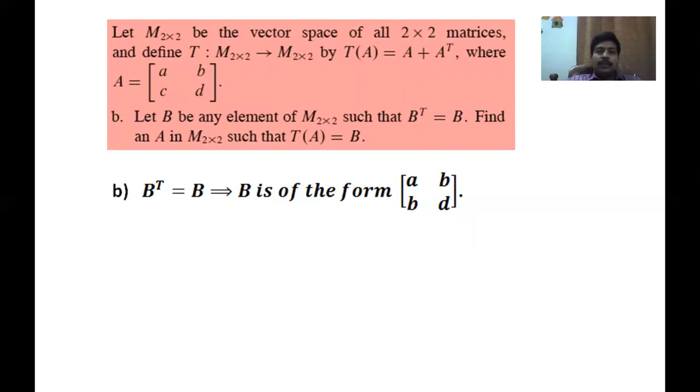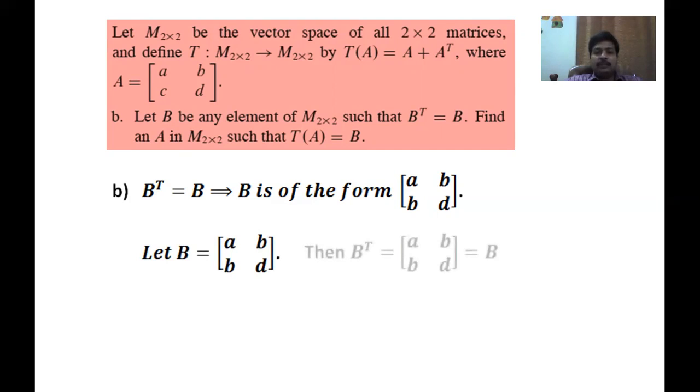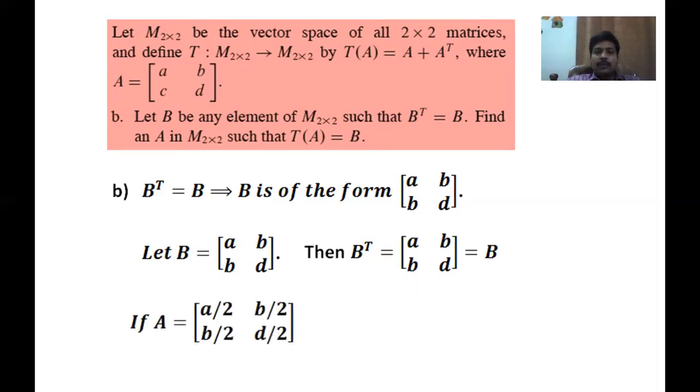If both are to be equal, then B must be equal to C. So any matrix which has the property B transpose equals B should be in this form [A B; B D]. Let us take one B of this form. Then B transpose is again [A B; B D], that is equal to B. So this has the property B transpose is equal to B.